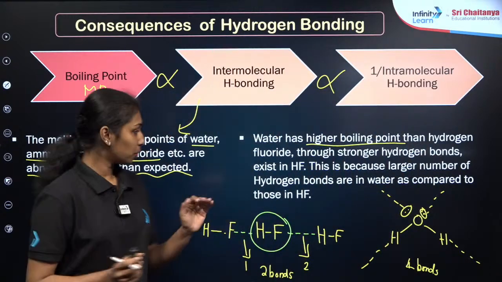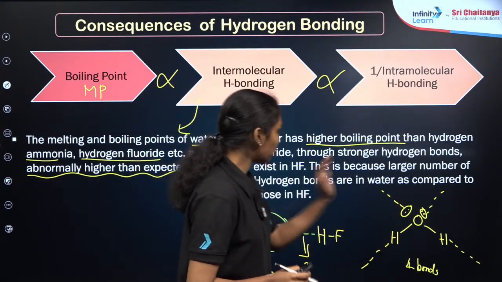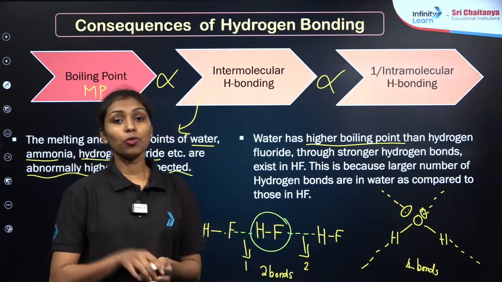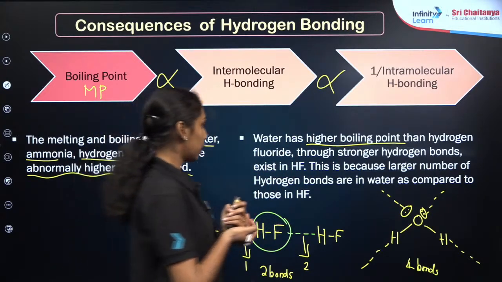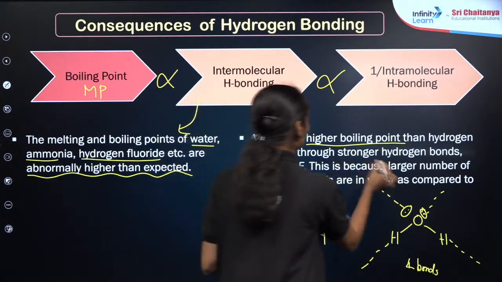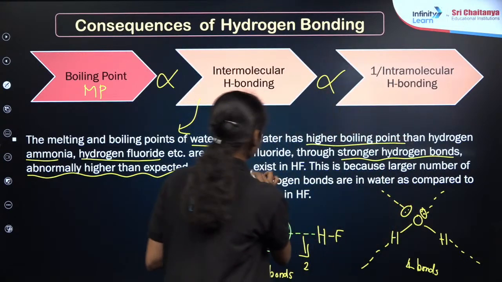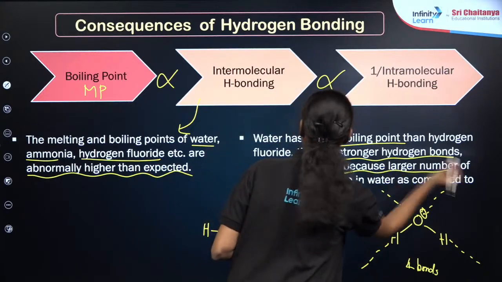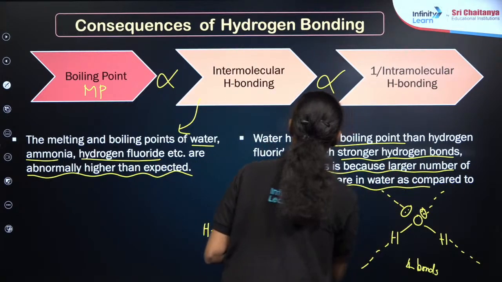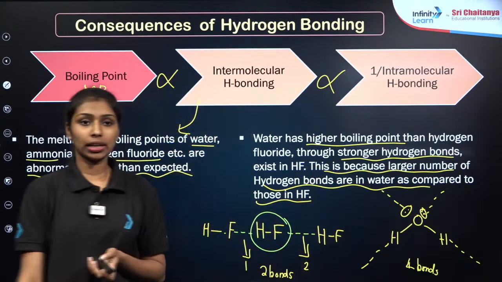Water molecule, right? Because the water molecule forms four hydrogen bonds between the molecules. That is why water has a high boiling point as compared to hydrogen fluoride, because stronger hydrogen bonding exists. A large number of hydrogen bonds are in the water as compared to the HF molecule. Clear?